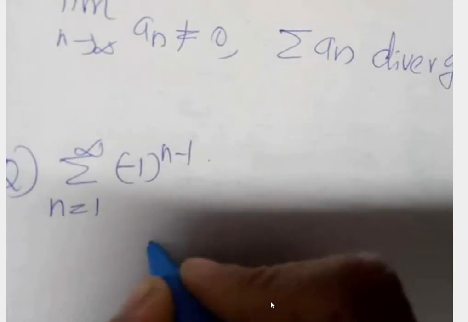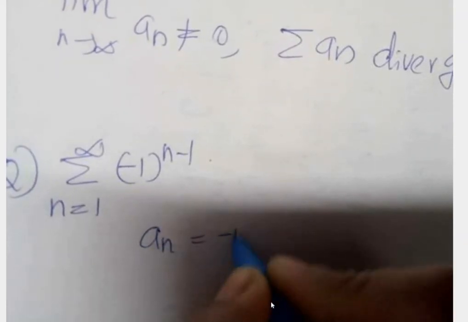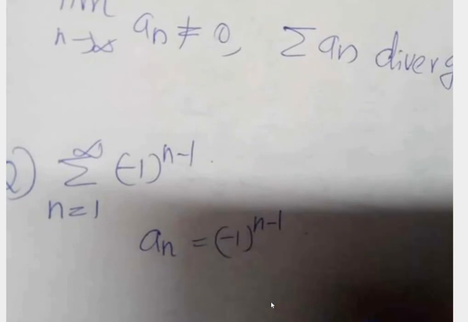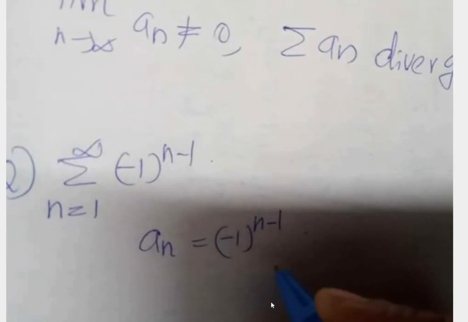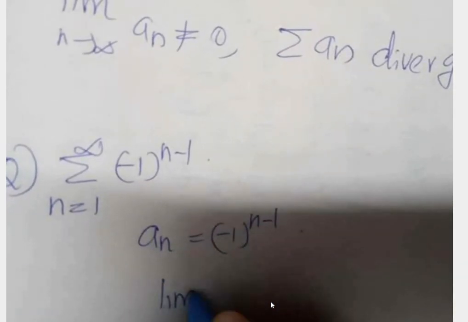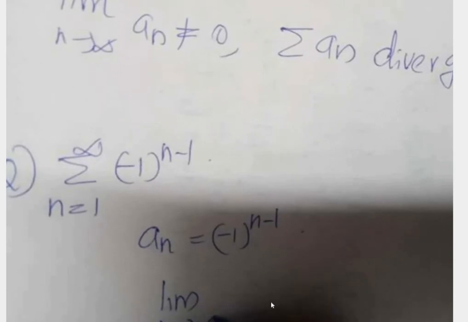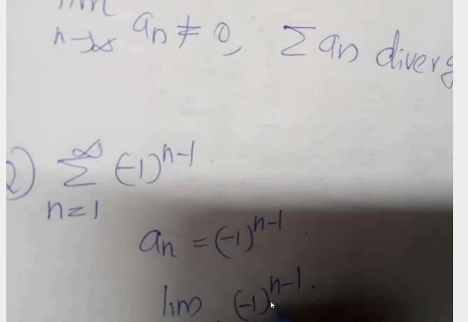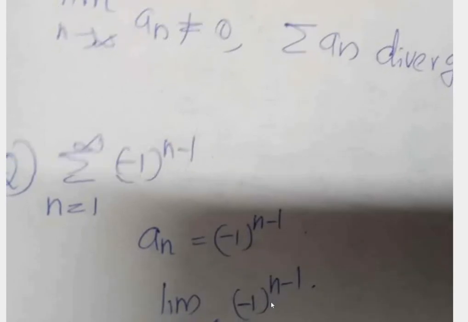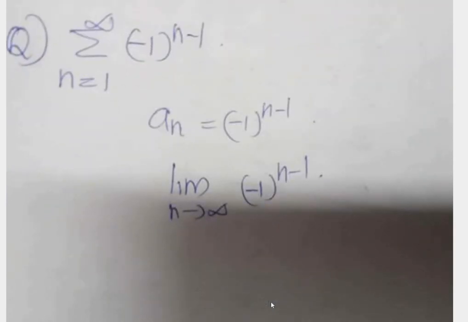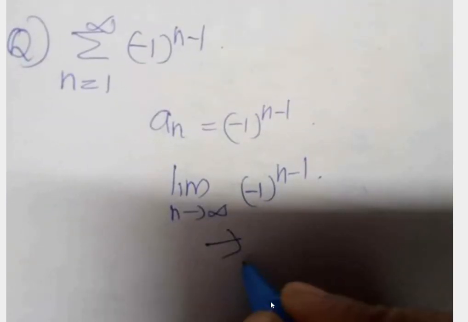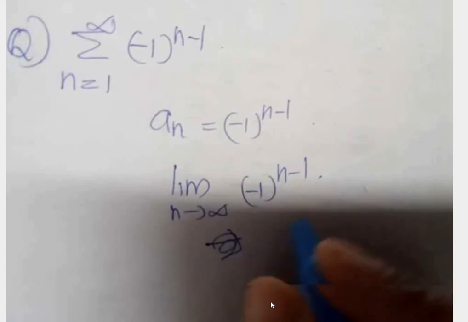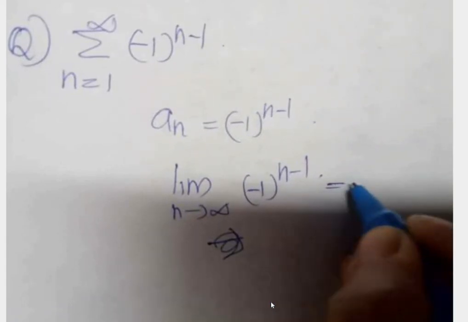And we can say that the limit n tends to infinity of minus 1 raised to n minus 1 is plus 1 or minus 1, that will be the value actually, right? So it does not converge, that is, the limit does not exist.